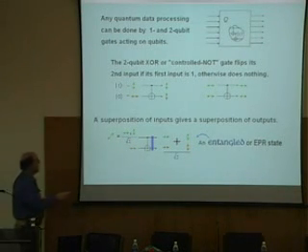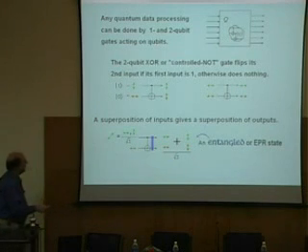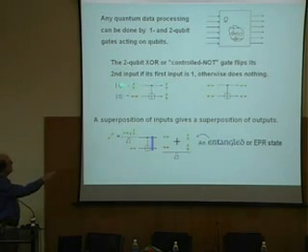And then what happens is the output comes out in the superposition of the second one being not flipped and being flipped. If we give it the superposition of inputs, we have to come out with the superposition of outputs.